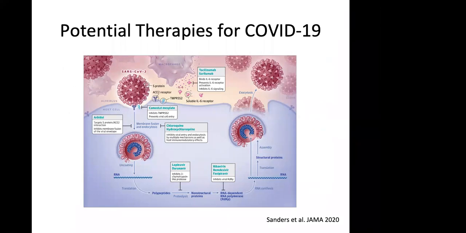When you come to think of potential therapies for COVID-19, remember we talked about the viral structure and how it gains access to the host cell. Essentially, you have this coronavirus with these spike proteins, the S protein, attaching itself to the ACE2 receptor, in lavender. There are other receptors that help the ACE2 receptor in allowing the virus to gain entry.